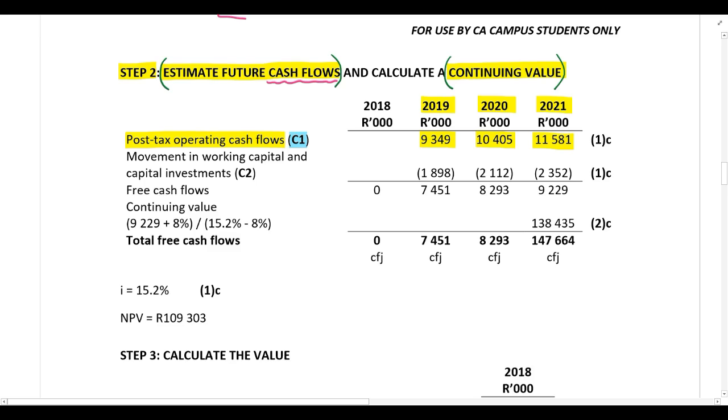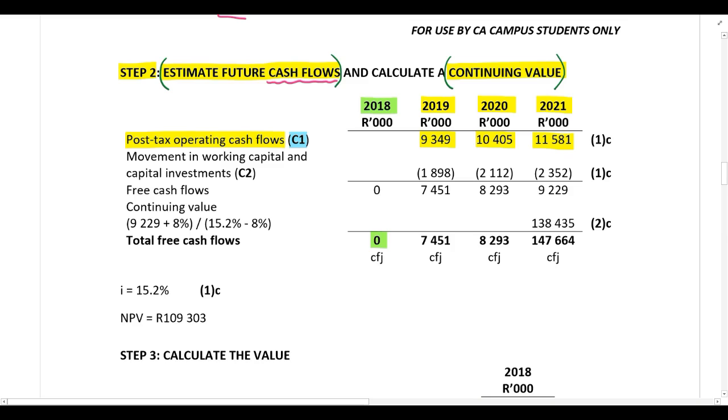Remember guys, when performing evaluation using the free cash flow method, you only include future cash flows in your calculation. So I do have a column here for 2018, but there's no cash flows in that column. The first cash flow that you input into your financial calculator will be 0.